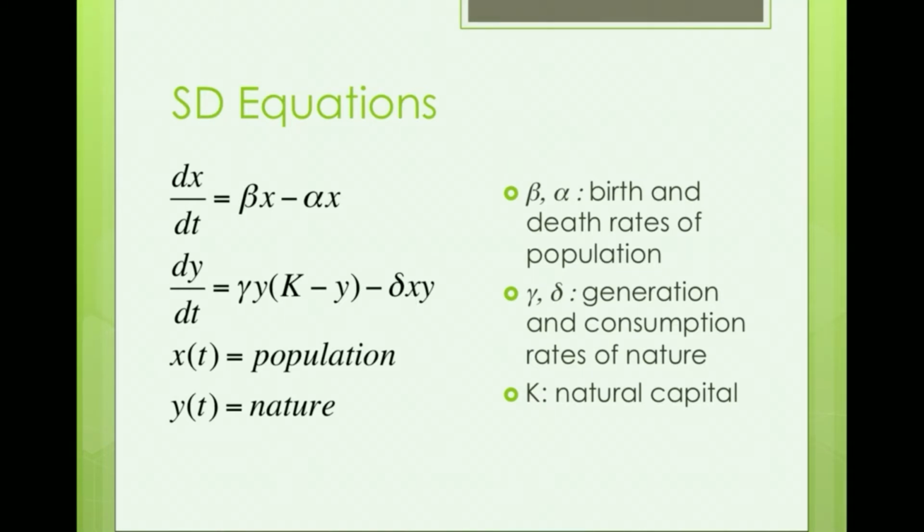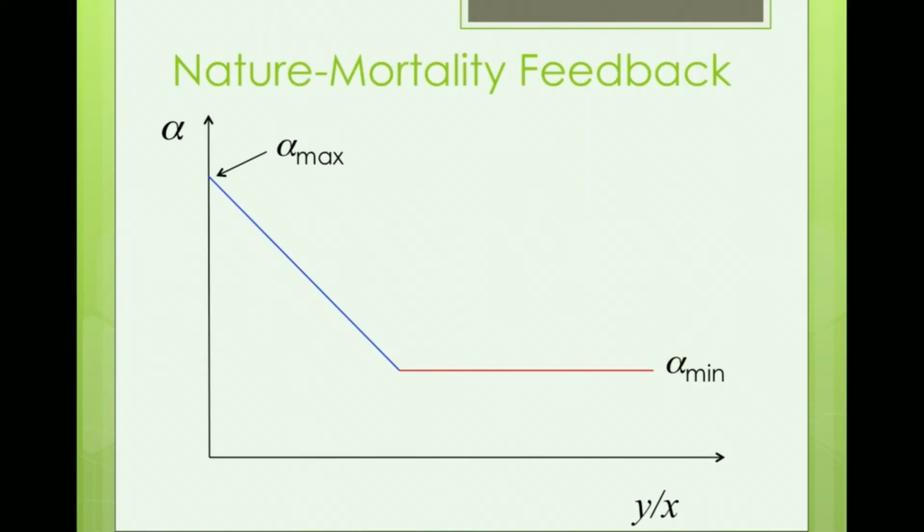I don't want to get too hung up on the math, but I just want to show you what the equations look like. Let me tell you a little bit more about how this model is formulated, and this is the link between nature and population mortality. The alpha, which is the death rate of population, is driven by the ratio of nature availability per capita. If this ratio is large, so if you're on this side of the graph, it means that you have plenty of nature per person, and then the death rate is a minimum.